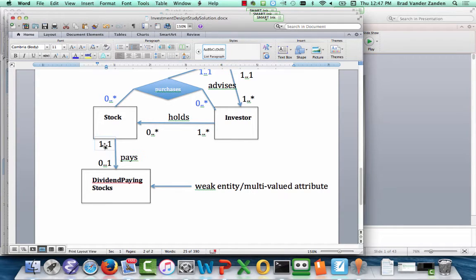Okay? So it's not a bad idea to explicitly represent this relationship in the ER diagram. It's not something that I would deduct points for if you didn't do it. But anytime you have anything that resembles an optional attribute, it's not a bad idea in the ER diagram to split it out as a weak entity. Okay, so that's what I did here. This is an optional, just a second.